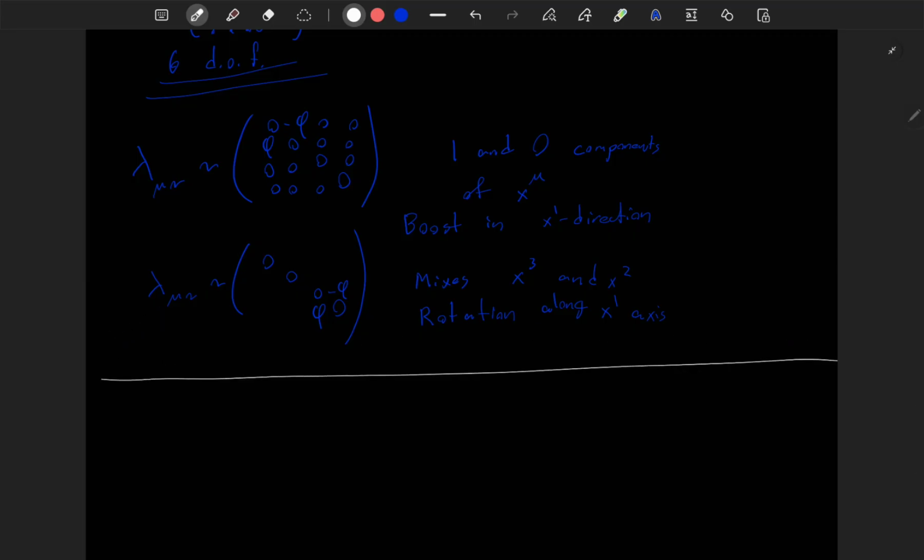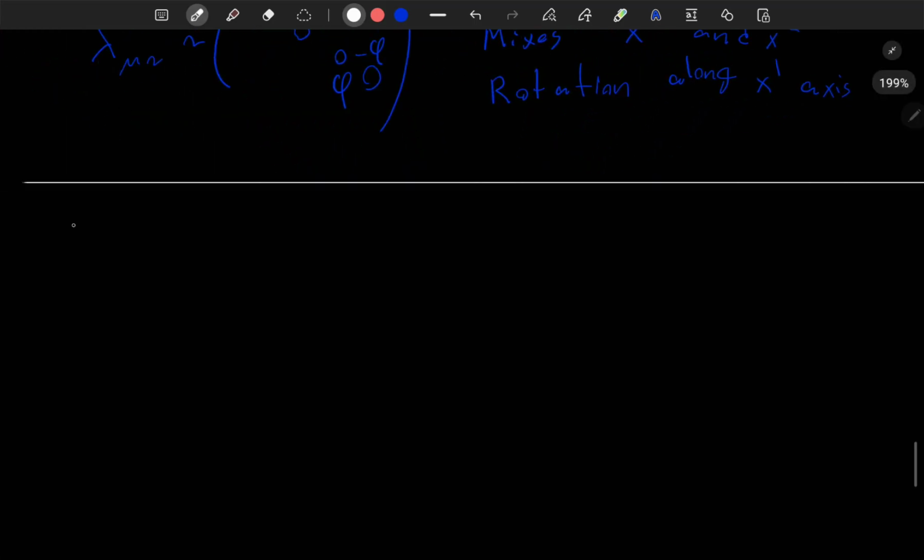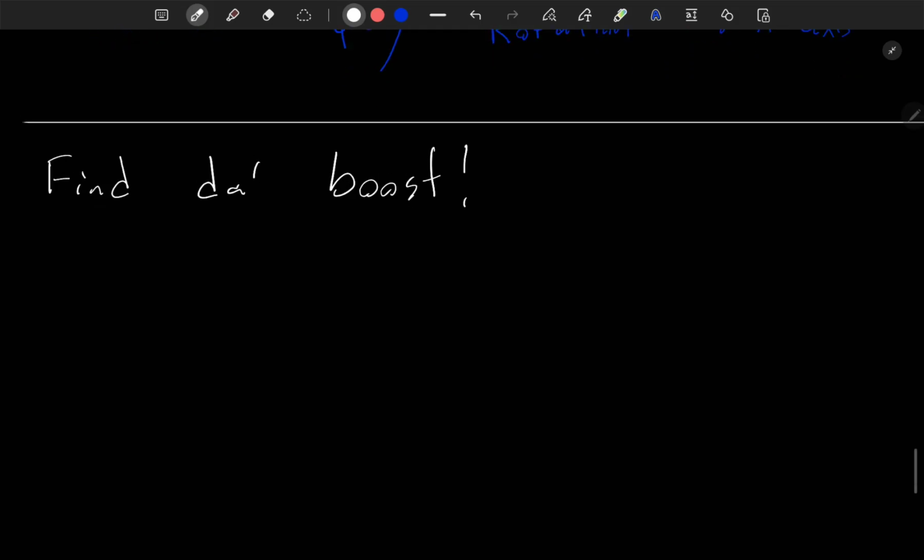Our boost in the x1 direction is going to be the exponential map. By that I mean, here's an example.